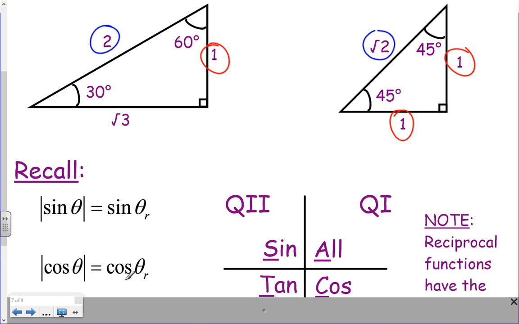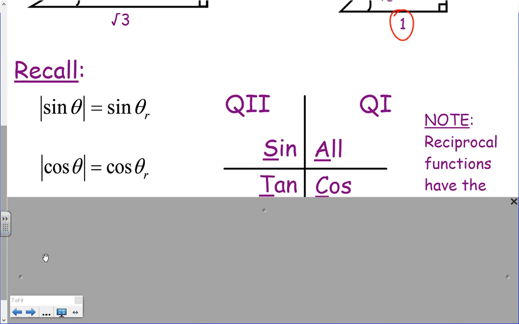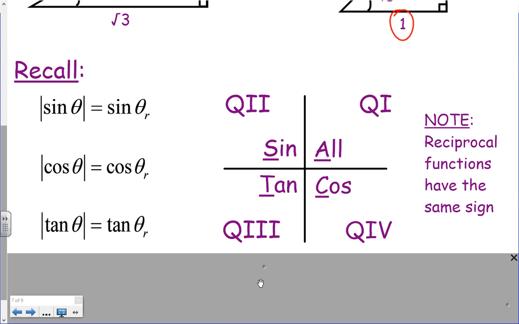All right, a little recollection here, something that we saw in the previous section. We did an example that illustrated this in the previous section. We calculated the reference angle for a given angle, and then we actually used cosine.